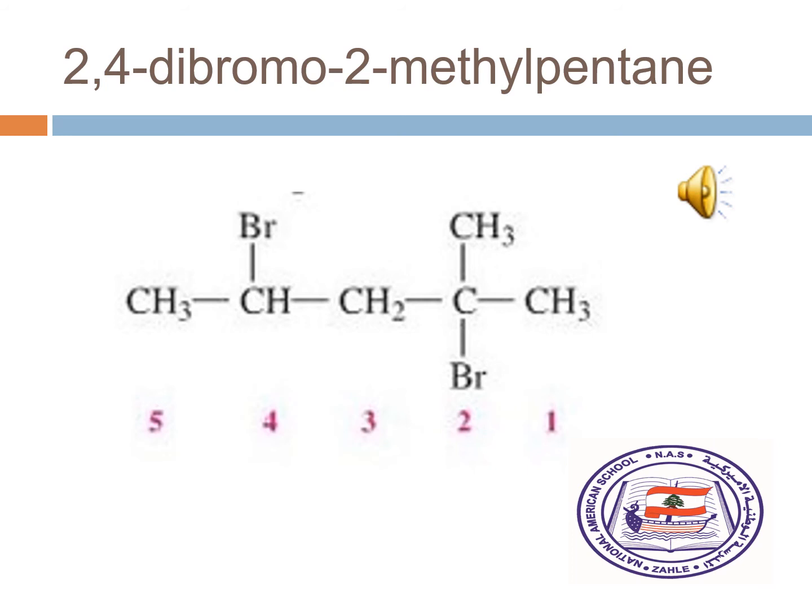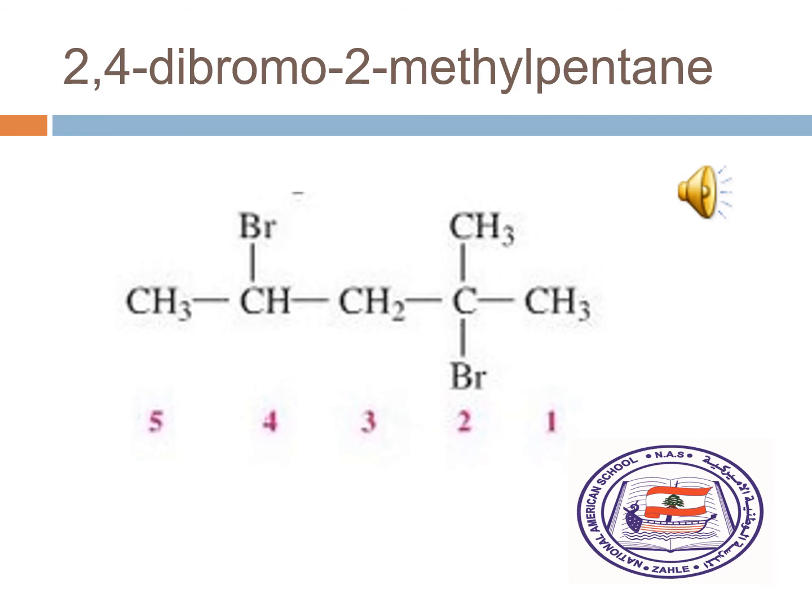So we start counting from the right side. We have 2 bromos bonded to the main chain. These 2 bromos are on carbon number 2 and carbon number 4. So we start 2,4, hyphen dibromo, hyphen 2-methylpentane.